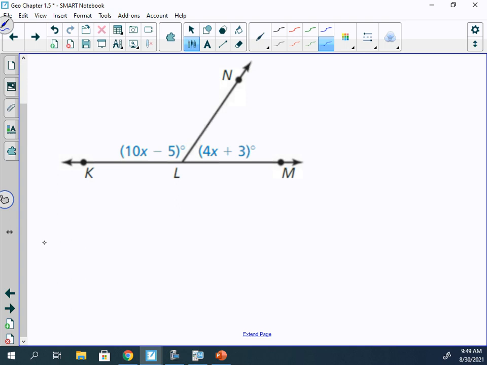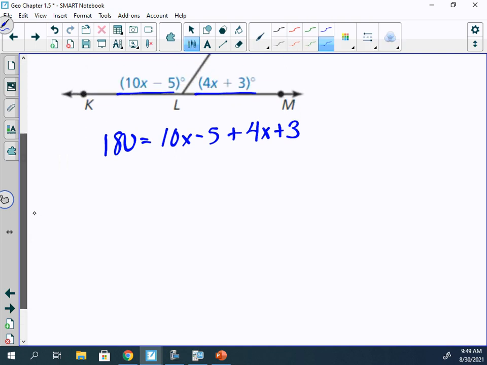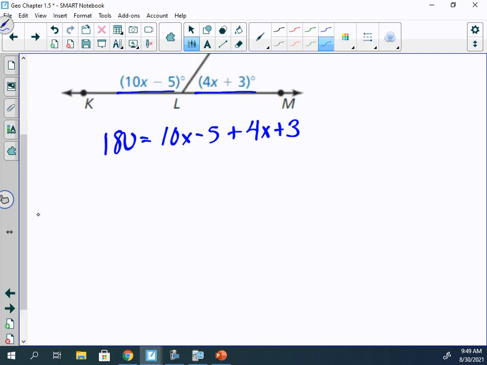Well, I know that these two here are going to add up to be 180. So 180 is equal to 10x minus 5 plus 4x plus 3. Well, we can combine like terms. 10x and 4x makes 14x, and negative 5 plus 3 would be negative 2.